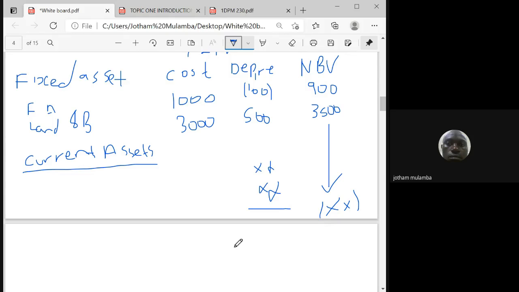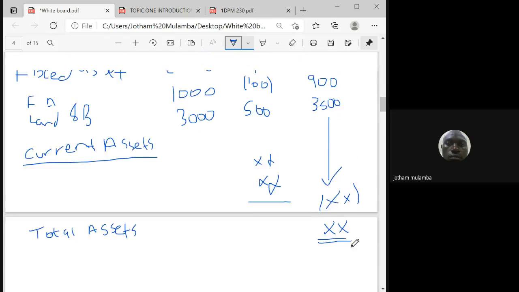So when we add the value we get, we refer to it as total assets. So we'll record them here. And we can also close that.